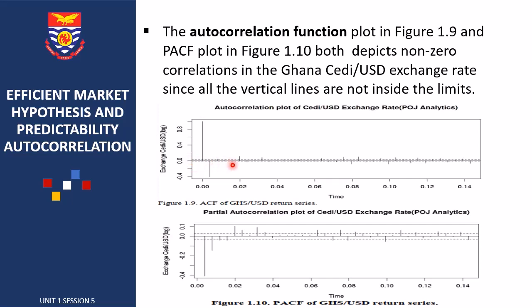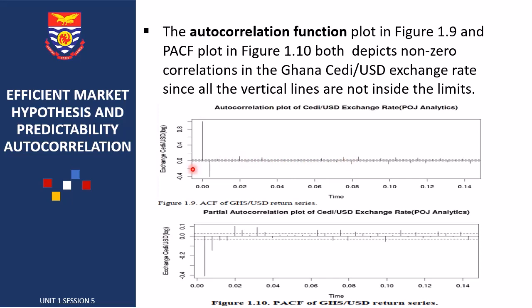What we see is that the vertical lines tell us whether the datasets are autocorrelated or not. The bricks are the limit, the boundaries beyond which the dataset cannot be found. So if the lines are found outside these boundaries, then we are saying there is autocorrelation in the dataset.